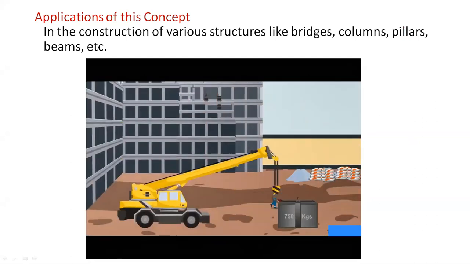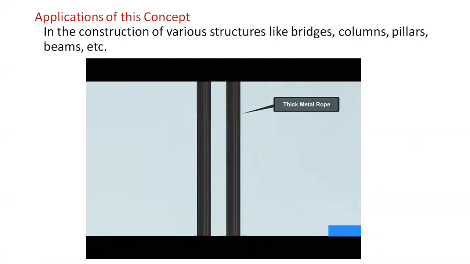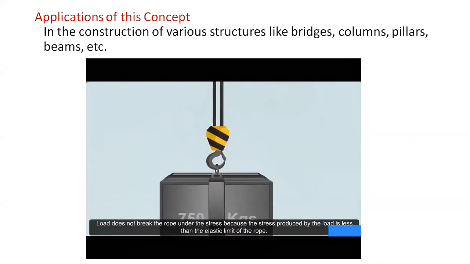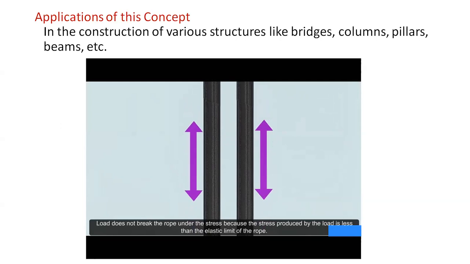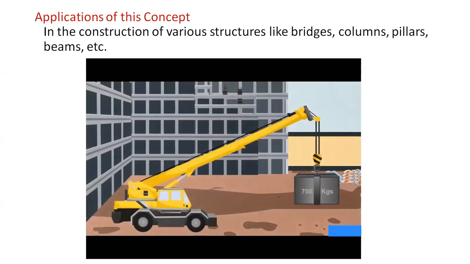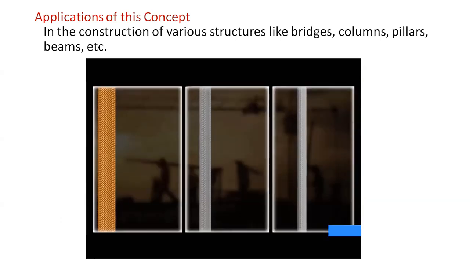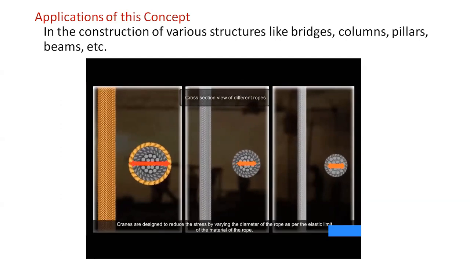Behavior of materials. In this module, you will learn about different applications of elastic behavior of materials. You might have seen a crane lifting heavy loads on a construction site. The cranes have a thick metal rope so that the attached load does not break the rope under the stress. This happens because the stress produced by the load is less than the elastic limit of the rope. Thus, the cranes are designed to reduce the stress by varying the diameter of the rope as per the elastic limit of the material of the rope.